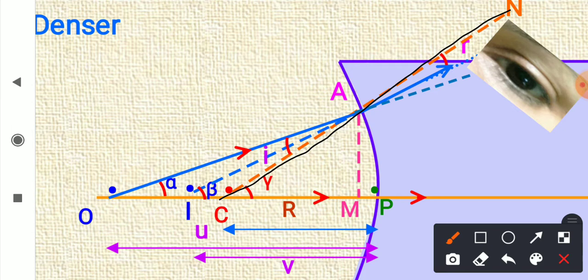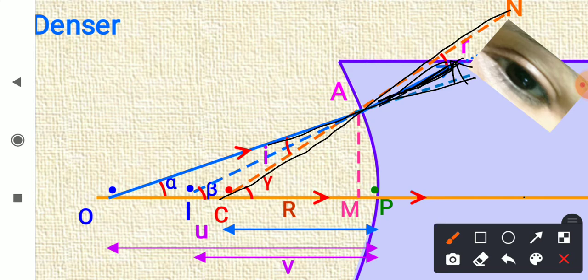Okay? And the original path of the ray is this one, and you know that a light ray bends towards the normal. So the light ray bends along this direction, and then this becomes the refracted ray, and obviously this light is not moving towards the principal axis, so you will produce it backwards.